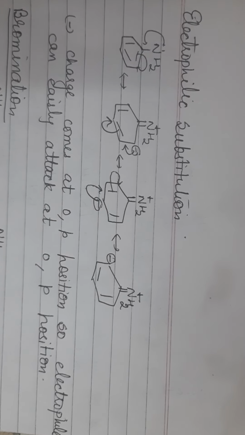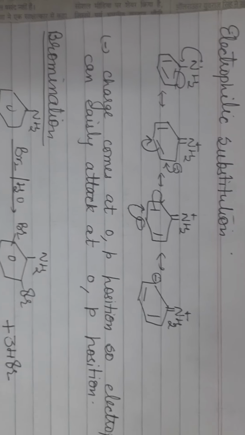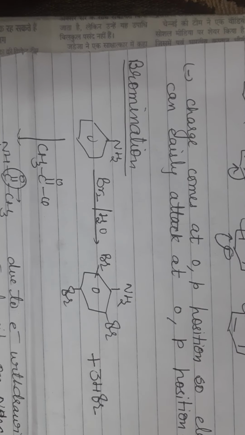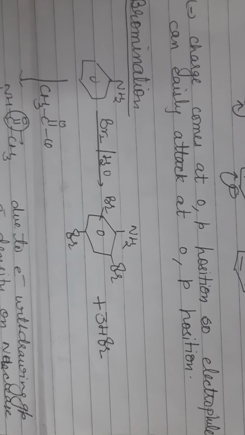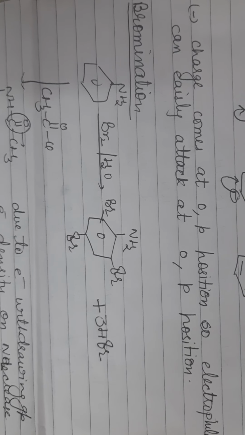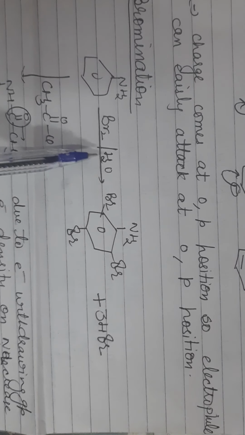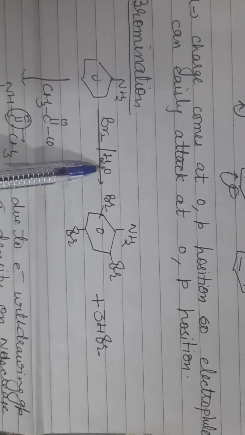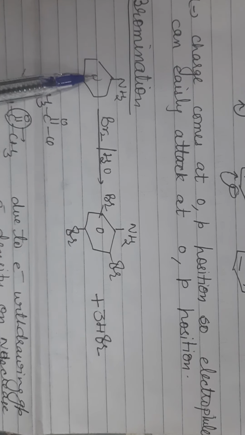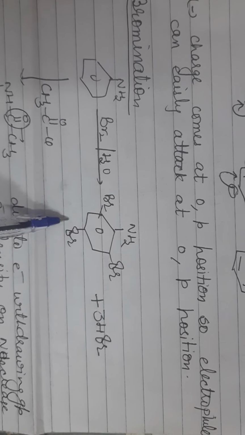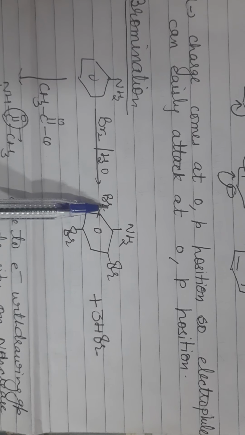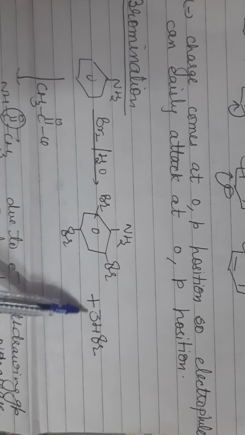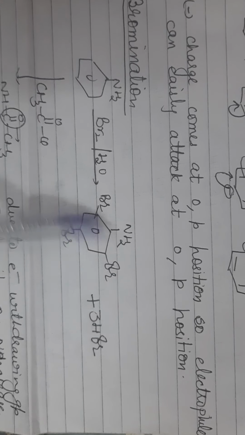ortho and para position. Now the first reaction is bromination. Aniline on bromination in the presence of water forms 2,4,6-tribromoaniline plus 3 HBr.